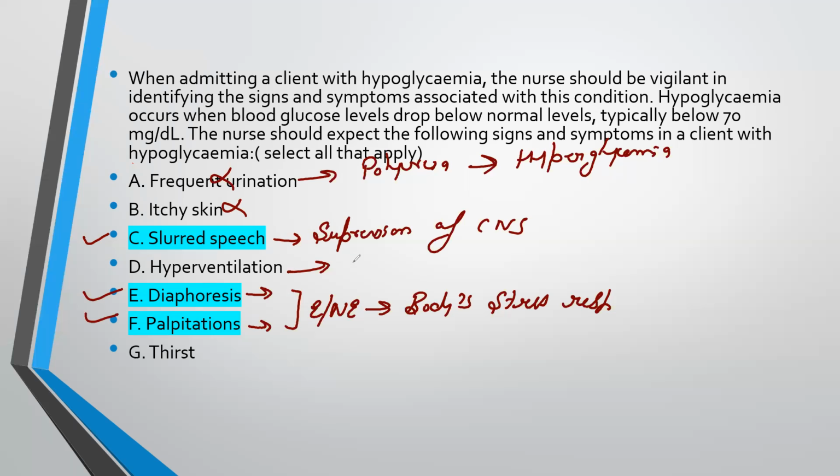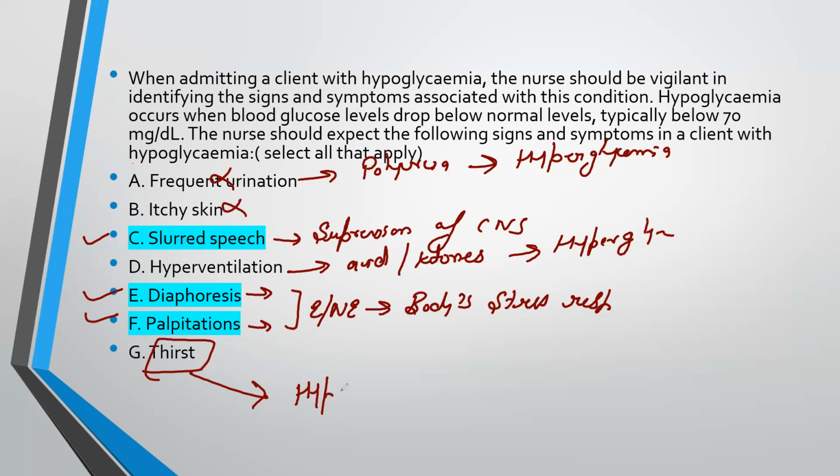Hyperventilation is not associated with hypoglycemia, because here the acid or ketone production is a feature of hyperglycemia, and thirst is also a symptom of hyperglycemia. So polyuria, polyphagia, polydipsia, all these symptoms are of hyperglycemia.